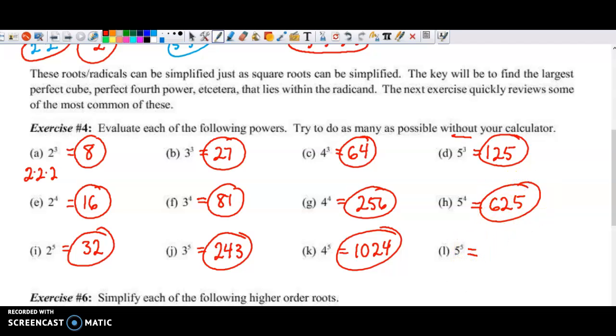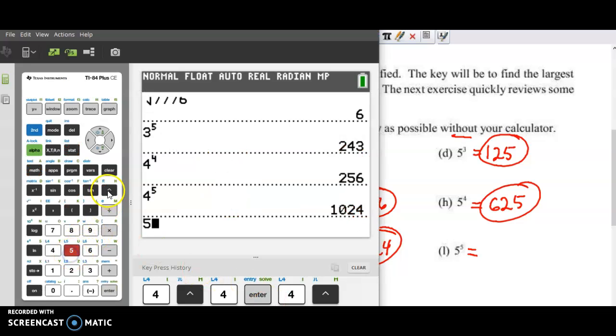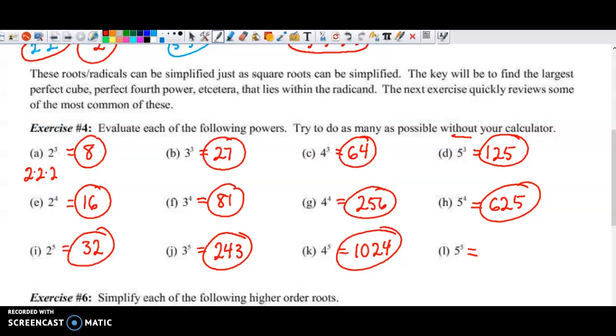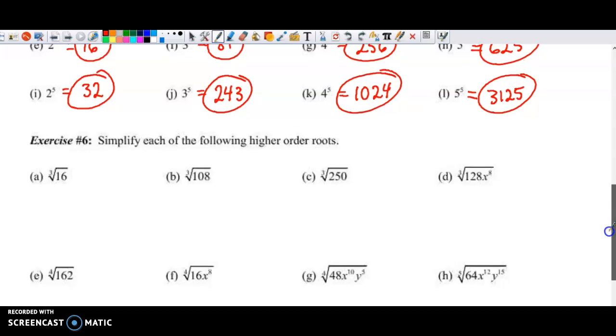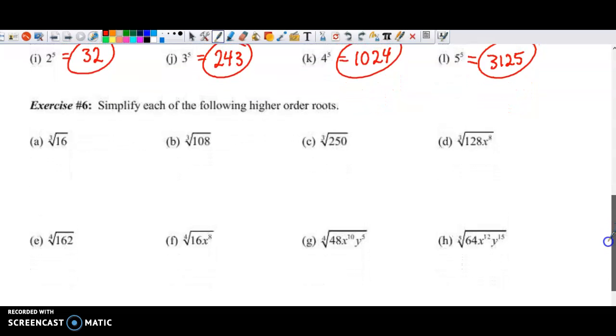It'd be cool if you knew it, but you do have access to the calculator on some of these more difficult problems, 3125. But having these in your back pocket, easily accessible, might help you get these other answers pretty quickly.